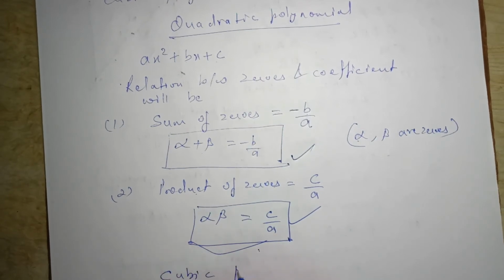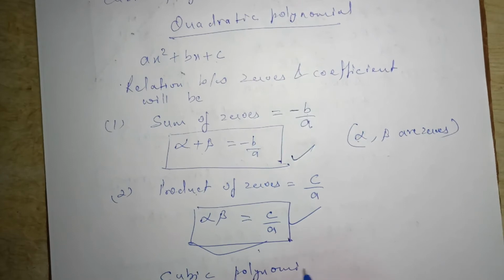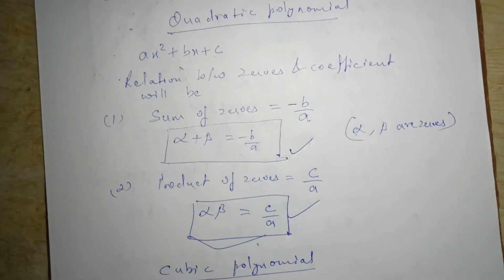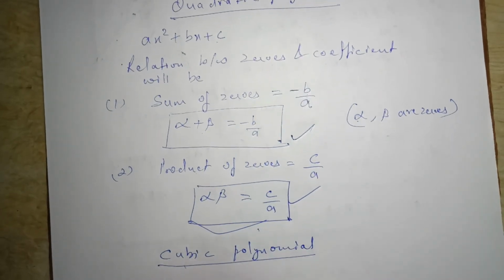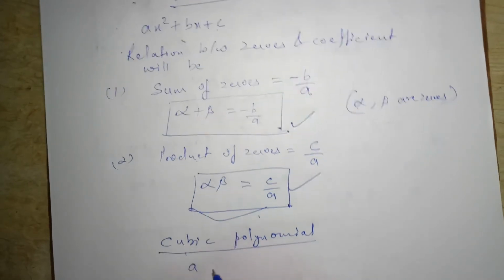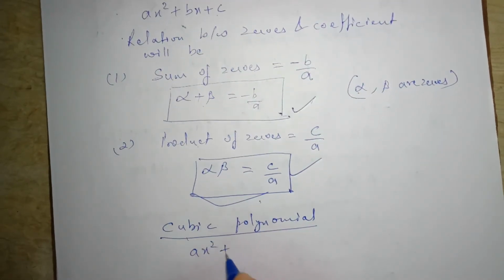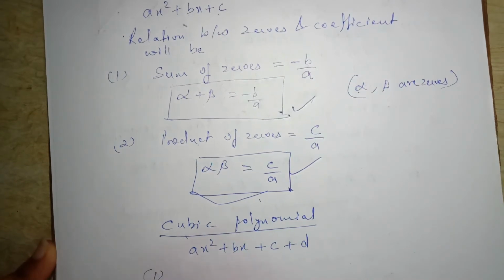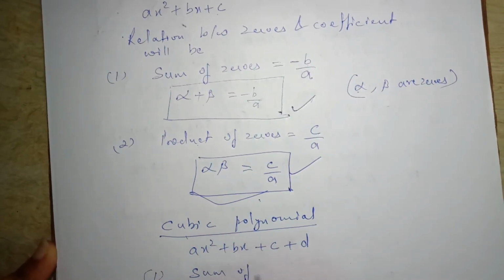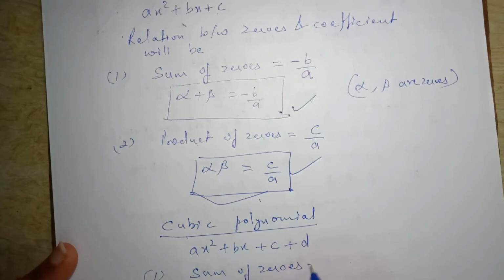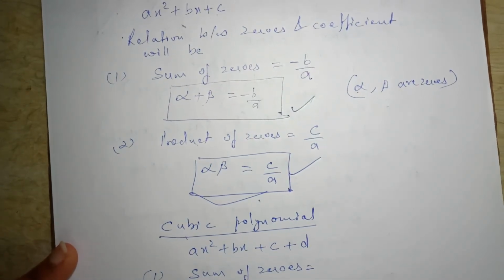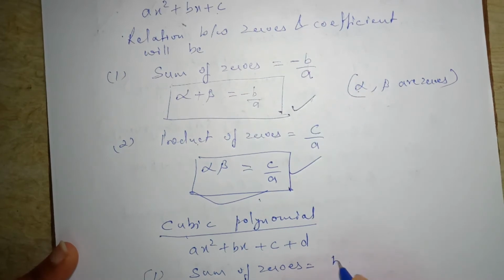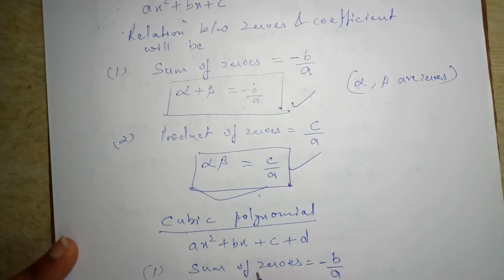Number third, cubic polynomial. Although it is not in your syllabus of class 10, you should know the general form of a cubic polynomial: ax cube plus bx square plus cx plus d. Number first, sum of zeros is equal to minus b by a.